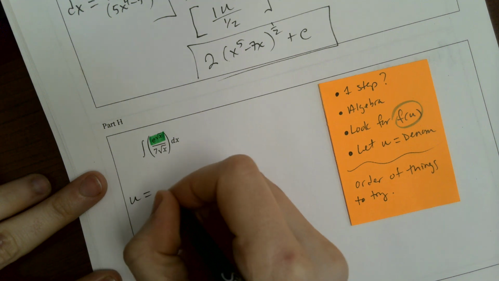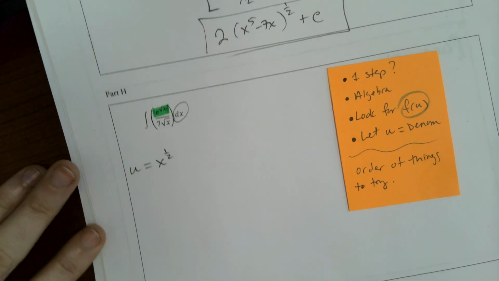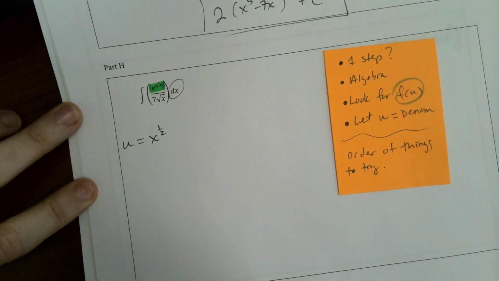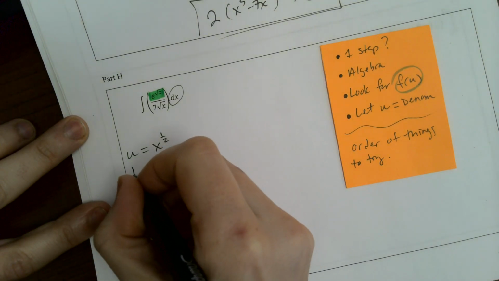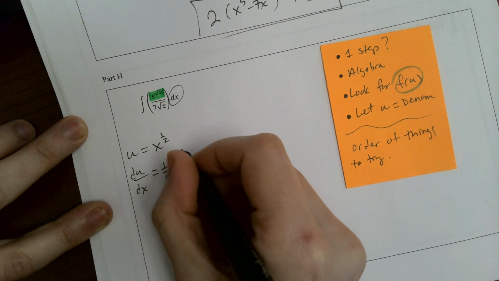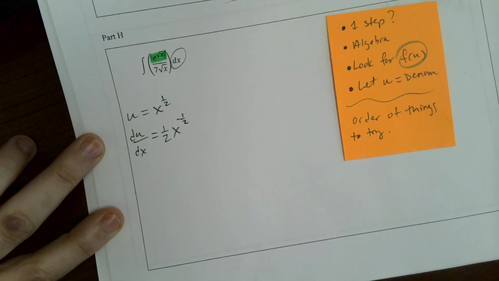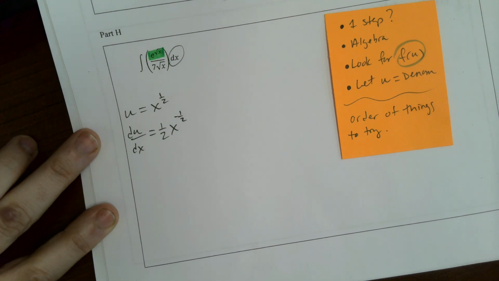So I'm letting u equal x to the 1/2, or the square root of x. Then I'm going to change that dx. So du/dx is 1/2 x to the negative 1/2. We've got to do some algebra to solve for dx.